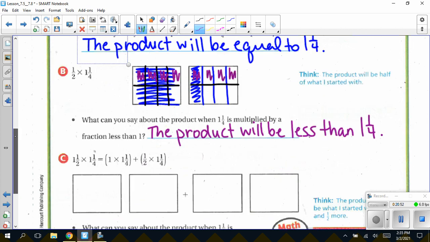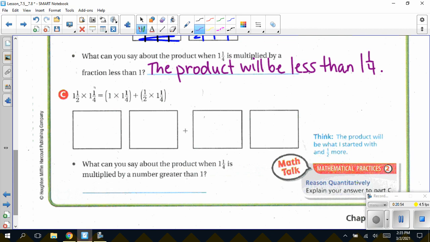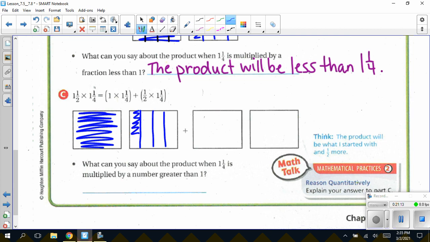So now in part C, because we are taking our 1 1/2 times 1 1/4, we're essentially combining the two answers from A and B. So on A, we had one entire rectangle shaded in, and then 1/4 of the second rectangle shaded in.